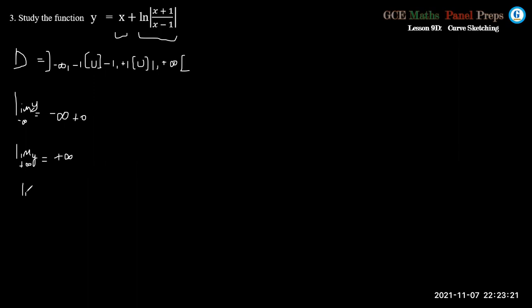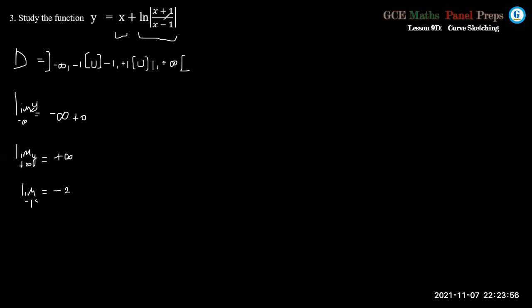The limit as x tends to -1 from below. So let's take the number -1 from below. You know the limit of the first part is already negative infinity, right? And then here, x tends to -1 from below.